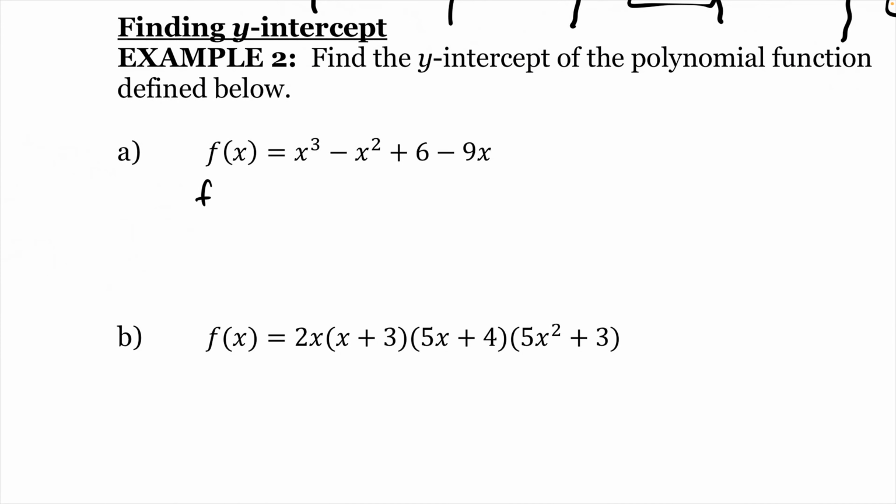So instead of x, I'm going to plug in 0. So that means 0 to the third power minus 0 squared plus 6 minus 9 times 0.